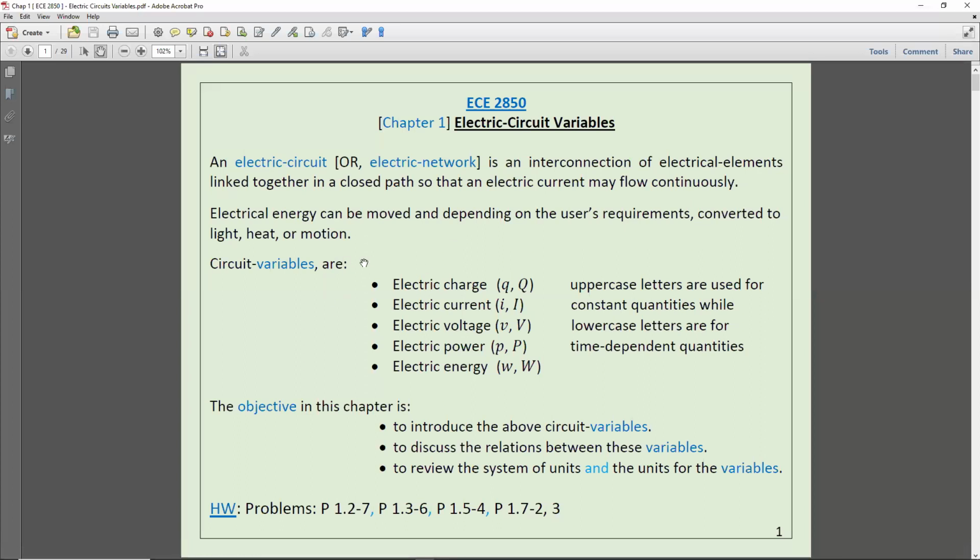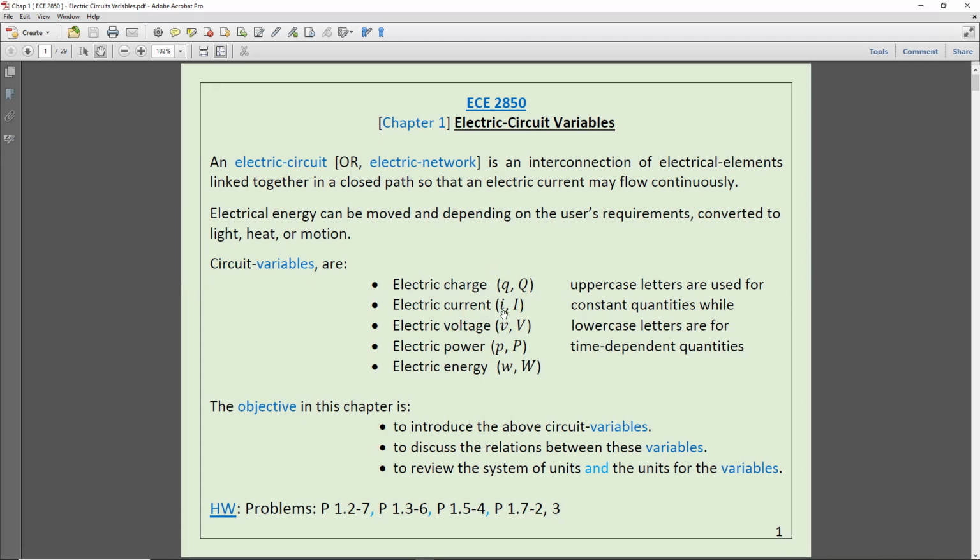Okay, so in this chapter, I'm going to focus on some variables we use. It's more like I'm going to make some definitions. The first thing here is electric charge. We use Q, lowercase or uppercase.